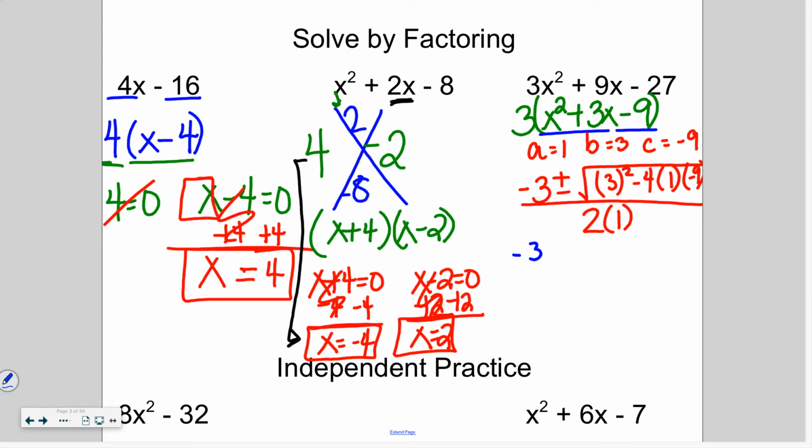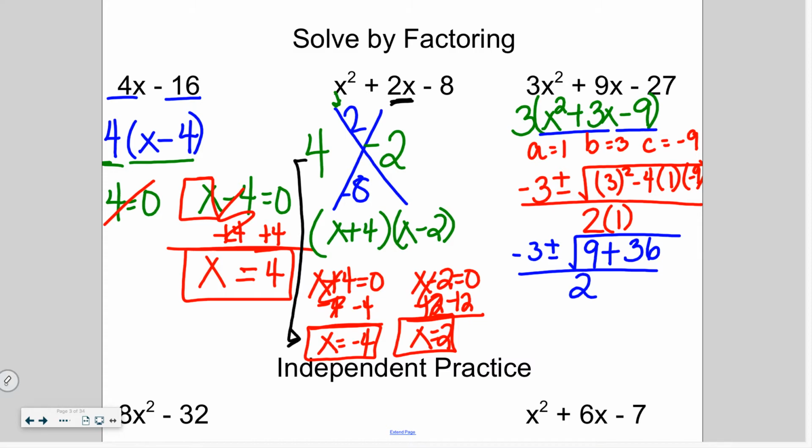We've got negative 3 plus minus 3 squared is 9. Negative 4 times 1 is negative 4. Negative 4 times negative 9 is a positive 36. And then 2 times 1, of course, is 2.